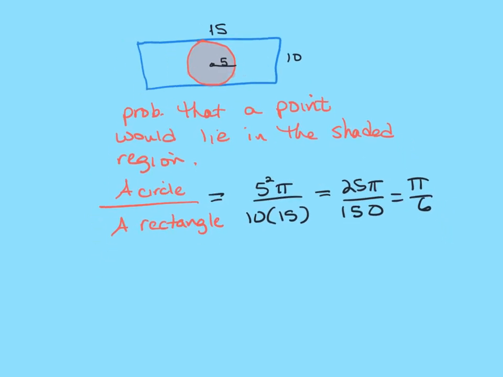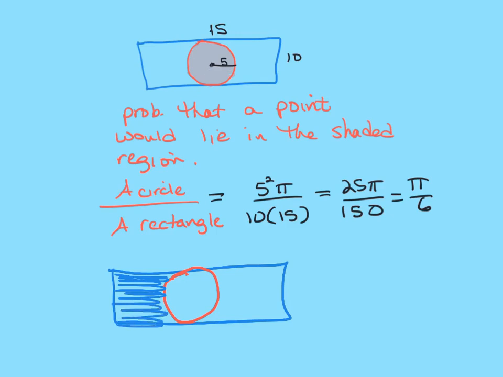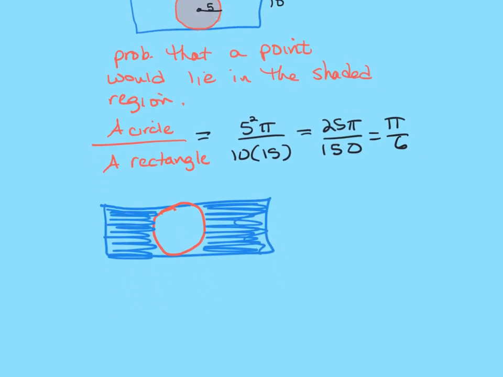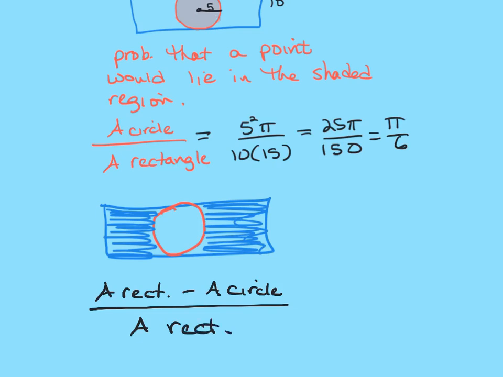Let's say I switch it around, and instead of asking what would be the probability that it's in the shaded region of the circle, let's say now what would be the probability that it's in the shaded region outside of the circle. So for this, I would have to do the area of the rectangle minus the area of the circle to get that shaded area over, again, the entire rectangle.